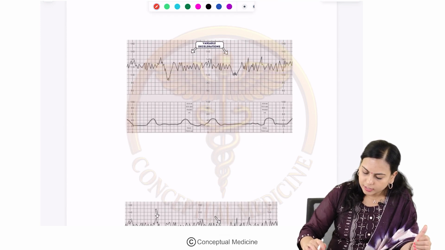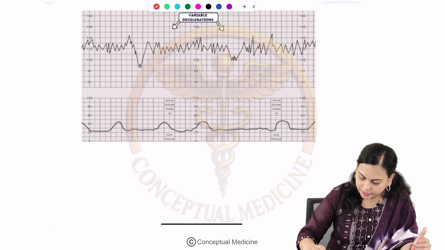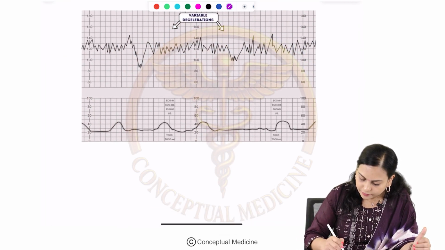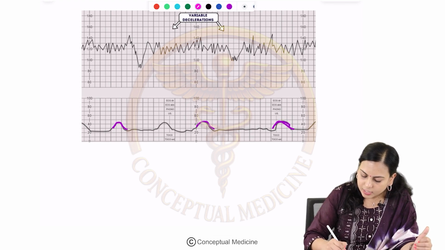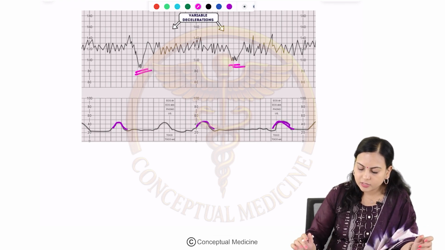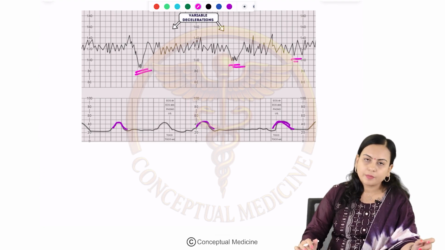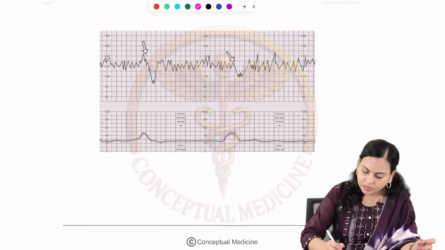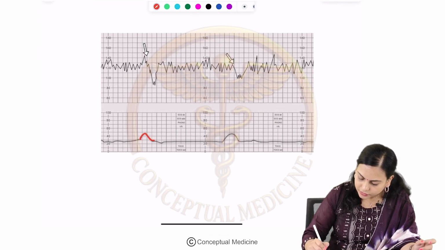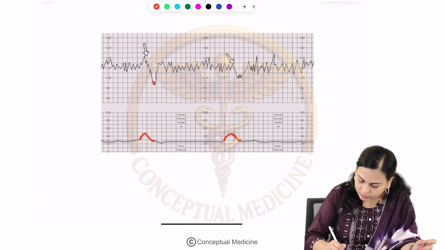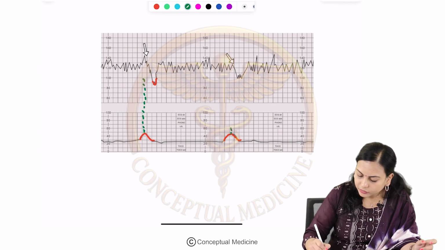Then this is variable decelerations. Usually variable decelerations don't have any orientation with the uterine contractions. It may occur early, it may occur late, so you will not be able to predict that. Whereas in late decelerations, the nadir will not be exactly coinciding with the nadir of the uterine contractions.